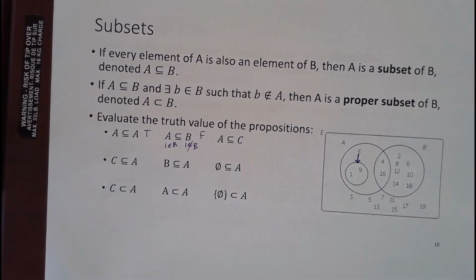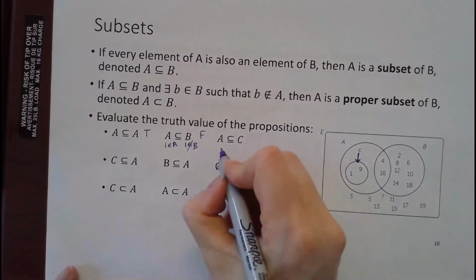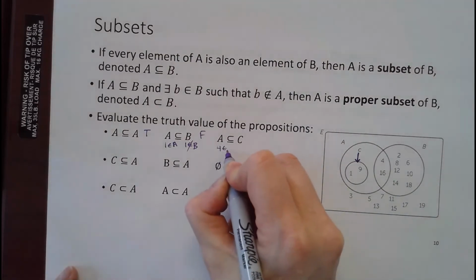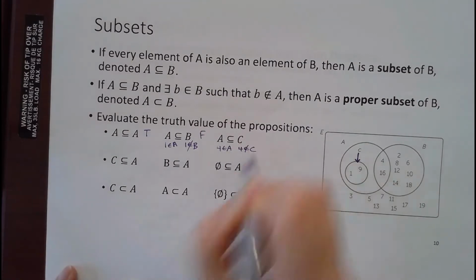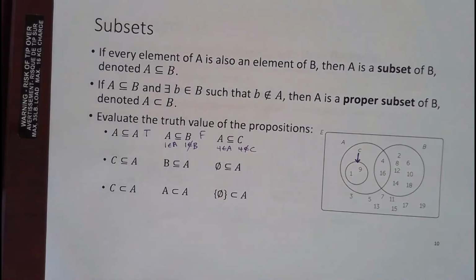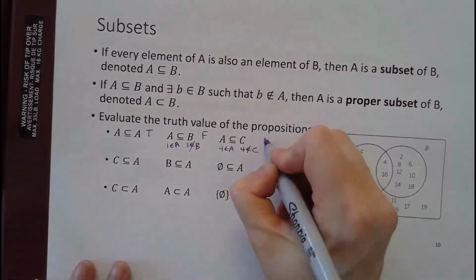How about A is a subset of C? If it's in A, then it's also in C. False. What's your counterexample there? 4. Good. Here 4 is in A, but 4 isn't in C. So we don't have the case that everything in A is also in C. So this one is false.